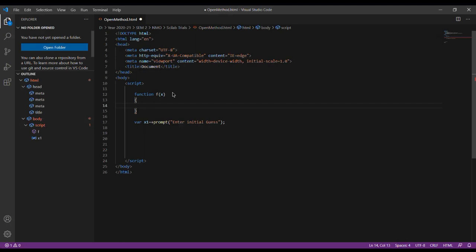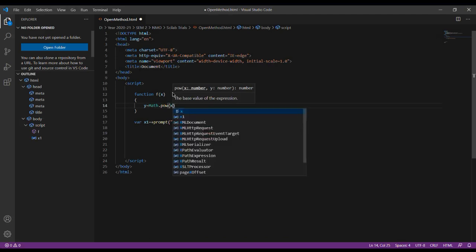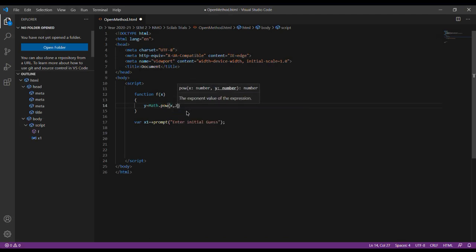So there you can type y equal to x square minus cos of x. How do you write x square? Math dot pow in round bracket x comma 2. Complete the round bracket, minus cos of x. So that means x square minus cos of x.